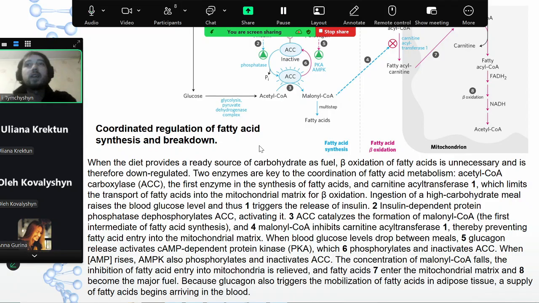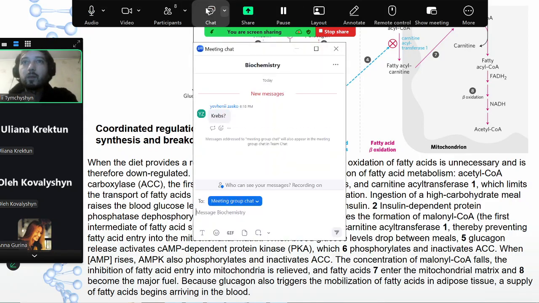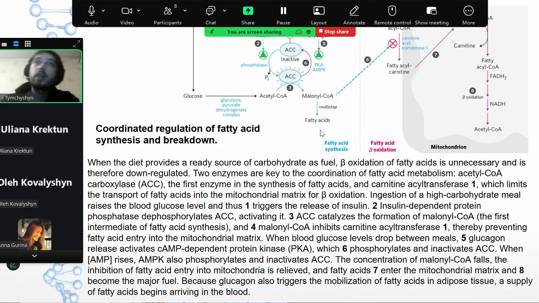So where do we get it? No, Krebs does not synthesize acetyl-CoA. It uses acetyl-CoA as source of basically cycling. But where does it come from? So what's on the other side of acetyl-CoA?